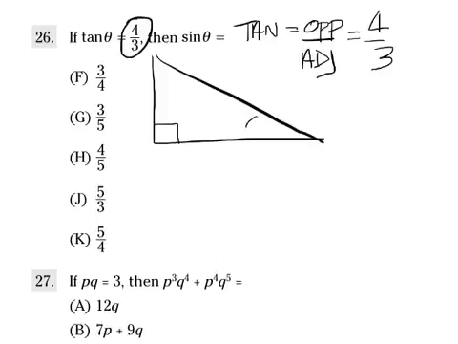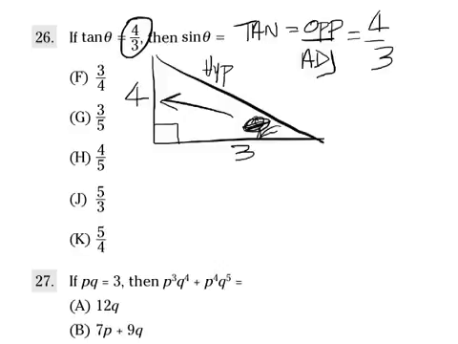Let's just make this theta here for right now. And if opposite over adjacent is 4/3, then we know that those have to be 4 and 3 because this is opposite and this is adjacent. This is the hypotenuse. Do you remember Pythagorean triples from geometry?